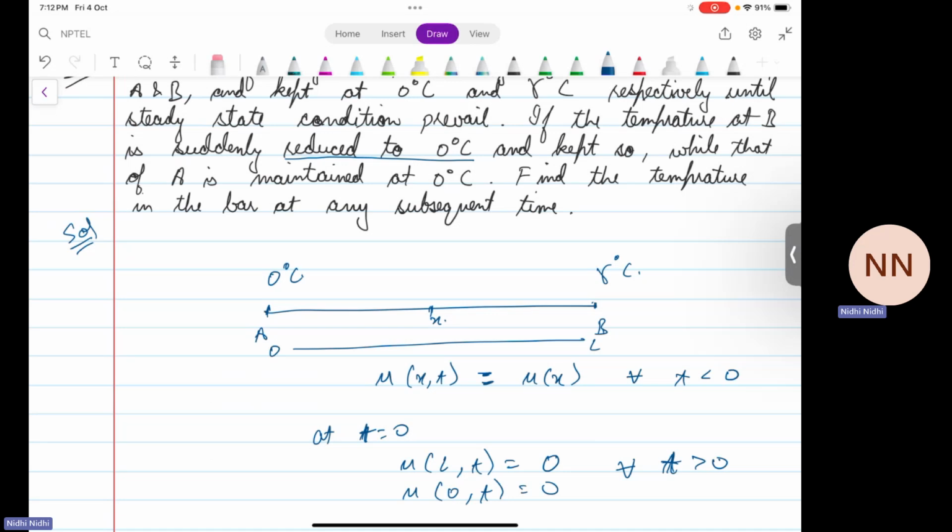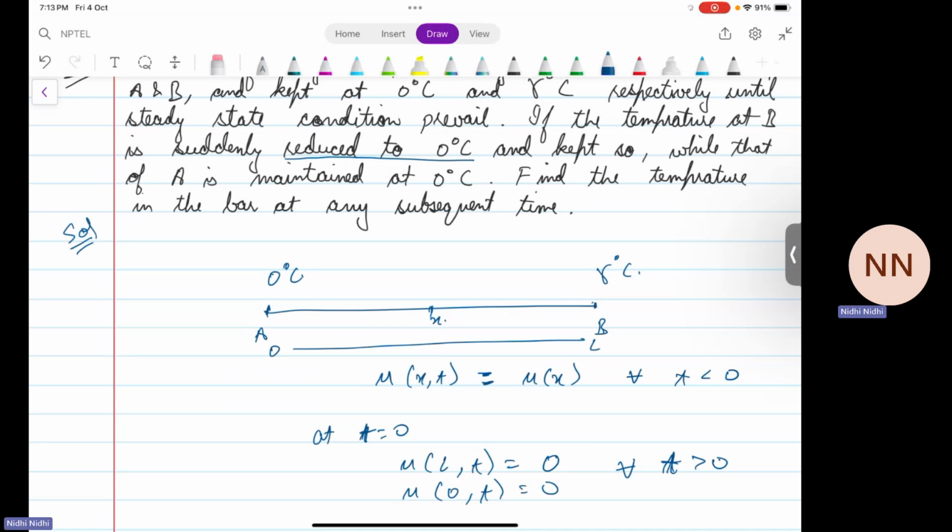After time t equals 0, the rod is maintained in such a way that the temperature at point A is 0 and temperature at point B is also 0 throughout. So we need to find the temperature in the bar at any subsequent time. That means after time t equals 0, at time t, what is the temperature at any point x.